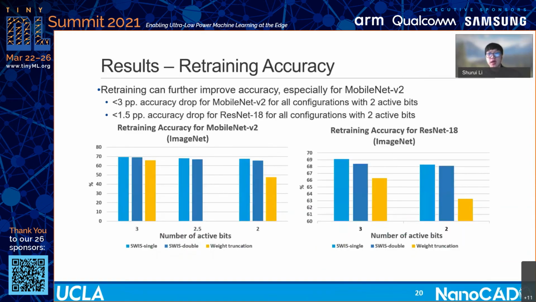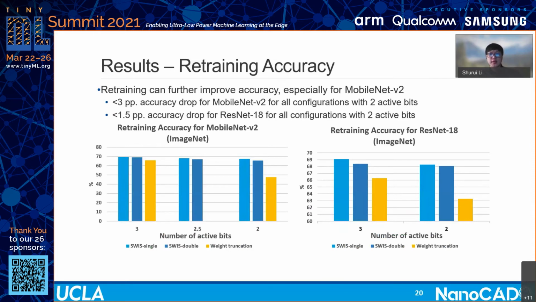Finally, I want to present some results if retraining is allowed. If we can retrain, SWIS can further compress the weights and achieve better accuracy. This is especially useful for the MobileNet V2 case. After retraining, a less than 3 percentage point accuracy drop can be achieved with just 2 active bits for MobileNet V2.